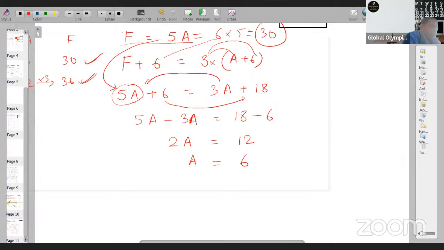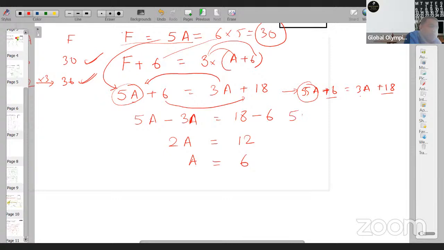See, in schools, what you learn is that 5A plus 6 is equal to 3A plus 18. You want to get all the variables, the terms with A, on one side, and the constants on the other side. Which side is the variable bigger? Here it is bigger, here it is smaller.